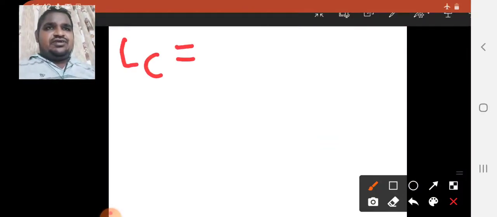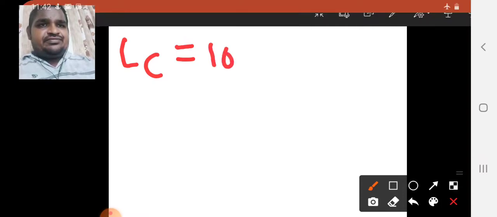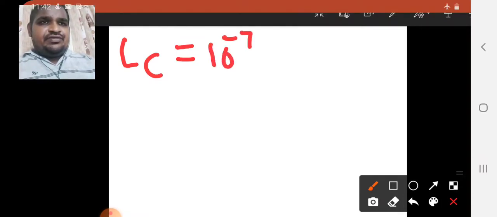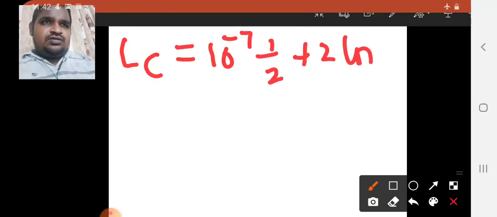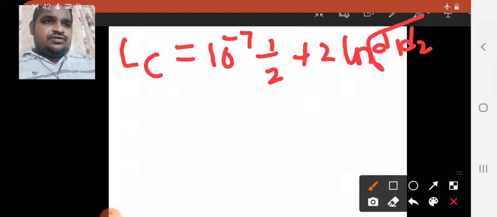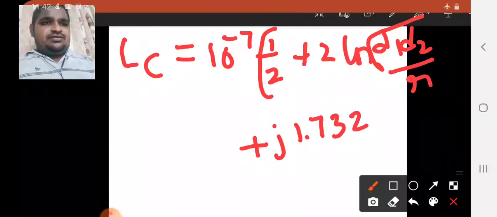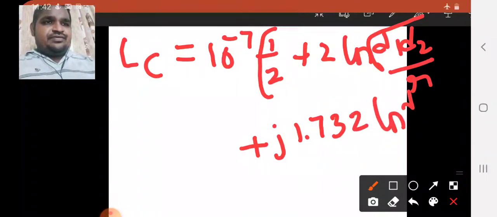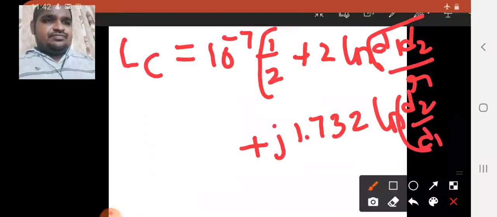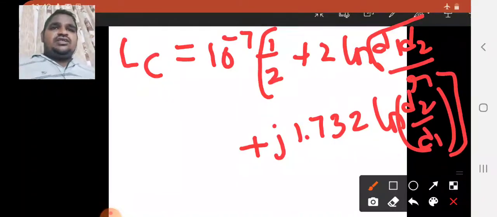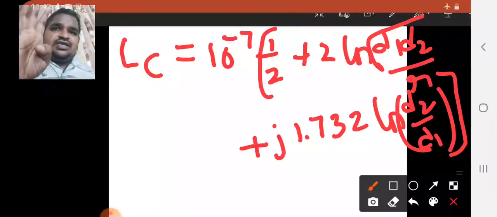LC is equal to 10 power minus 7 times 1 by 2 plus 2 ln of the square root of d1 d2 divided by r, plus j 1.732, this is root 3, ln d2 by d1. Yeah, these are the three expressions we have, that is LA, LB, LC.